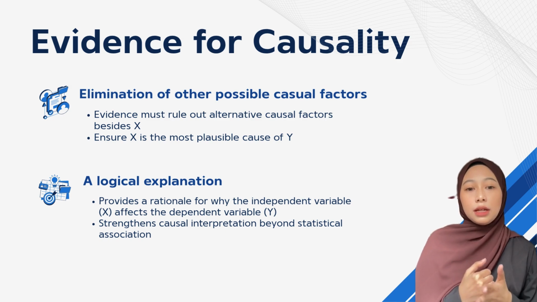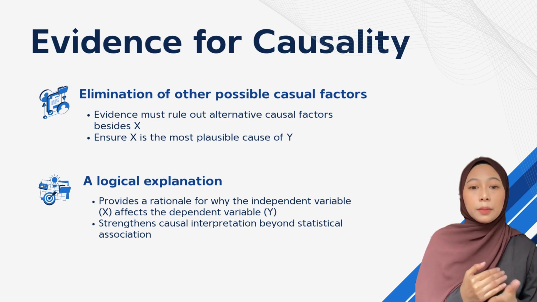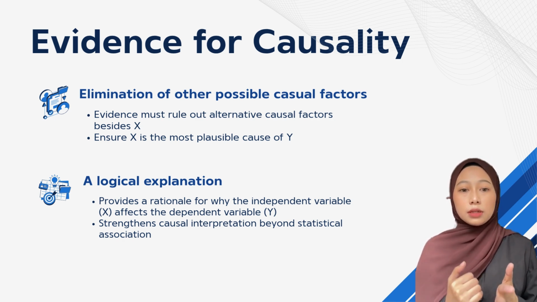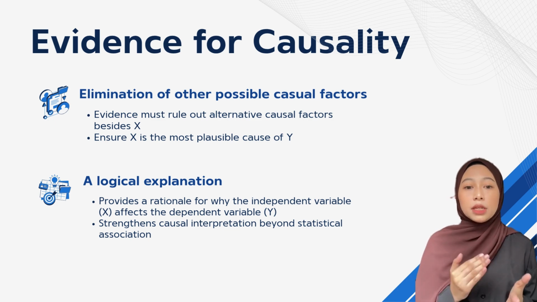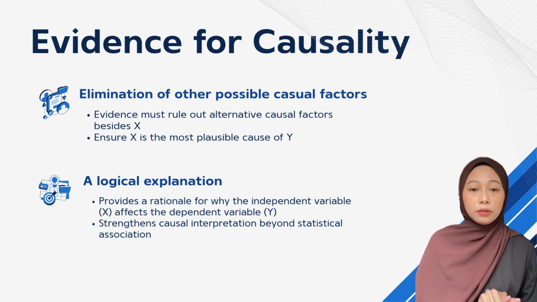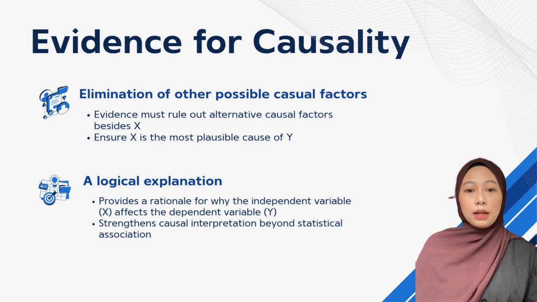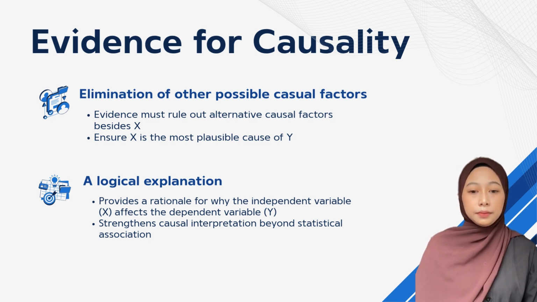This makes logical and theoretical sense. Purpose, provide credibility and strengthen the causal argument, especially when supported by prior research or theory. Without it, even if data show correlation, the lack of a plausible mechanism weakens the claim of causality.